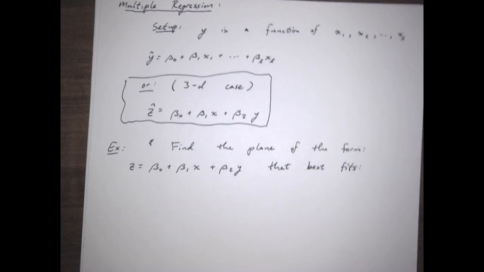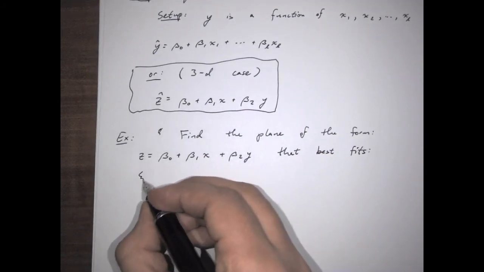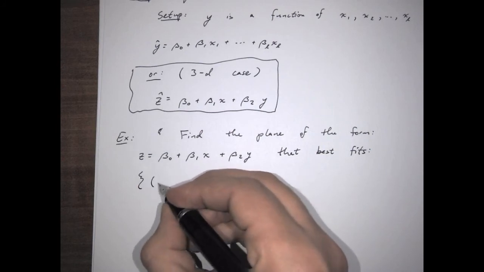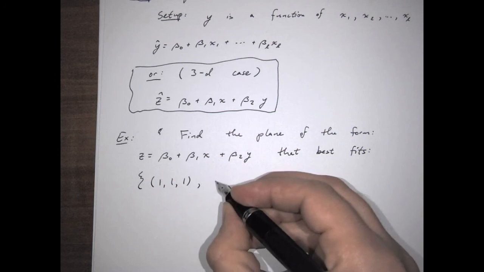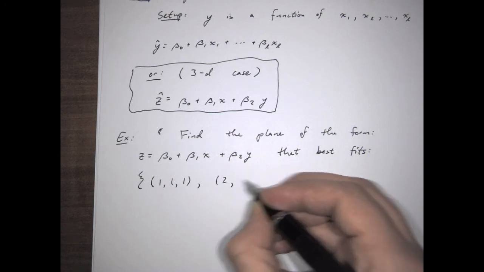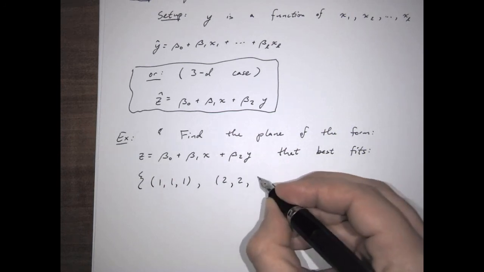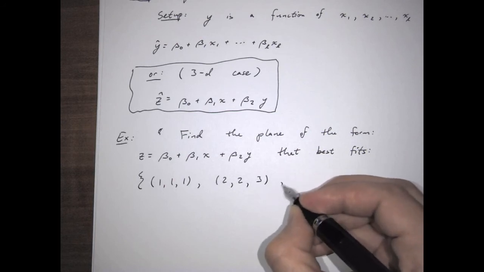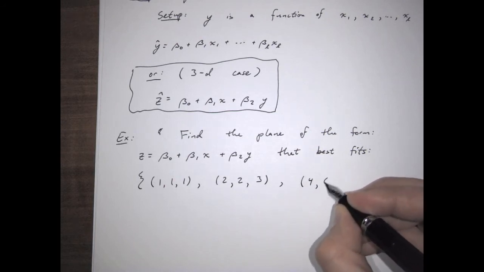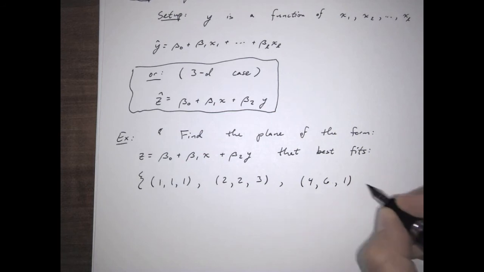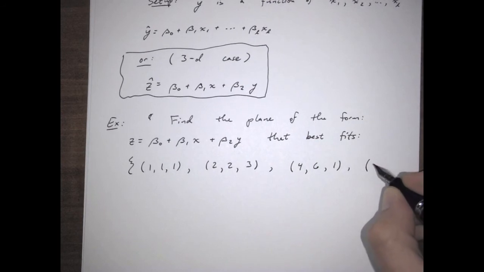And then here we'd have some data set such as this: 1 1 1, 2 2 3, 4 6 1, and then 2 3 5.